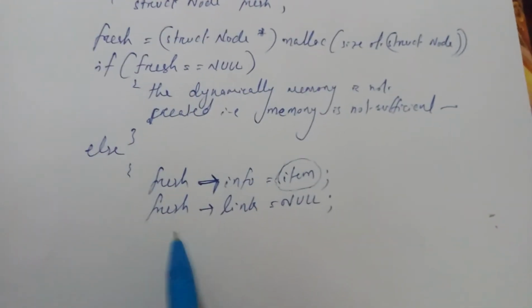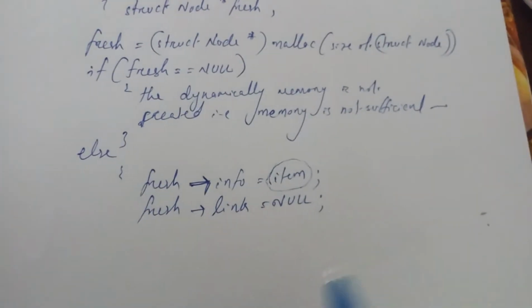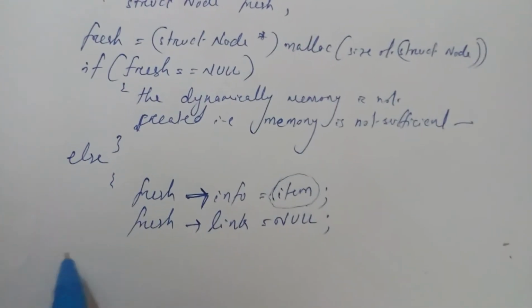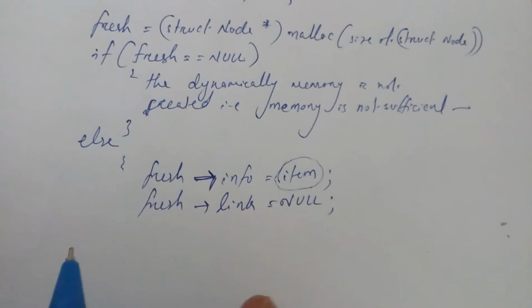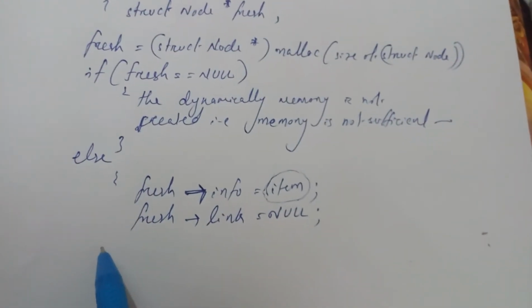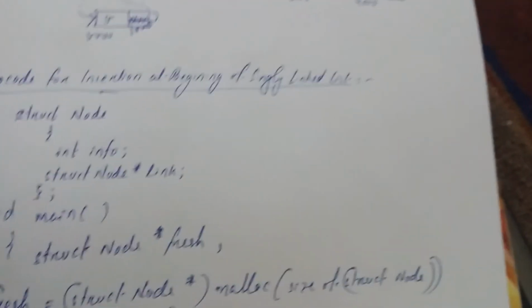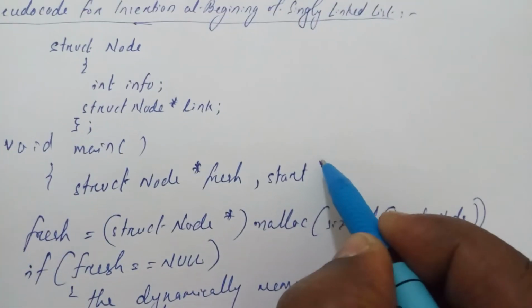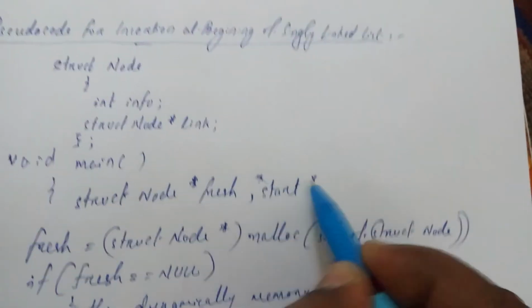After that you have to insert this node at the beginning of the linked list. So then you have to check the start value. I am not creating the linked list here; I am supposing that there is a linked list. So I'll check the start value. Here also you need another pointer, struct node asterisk start.